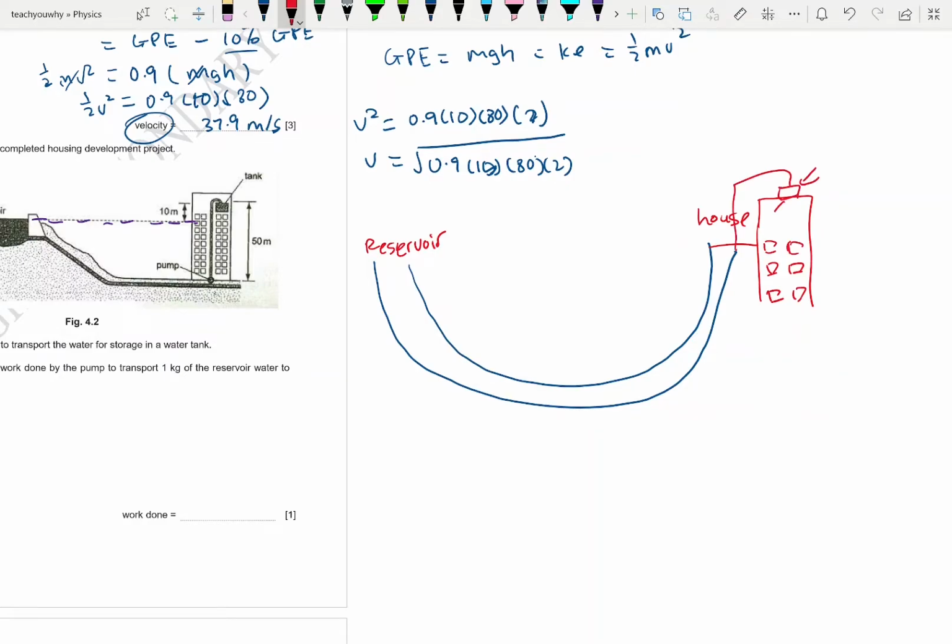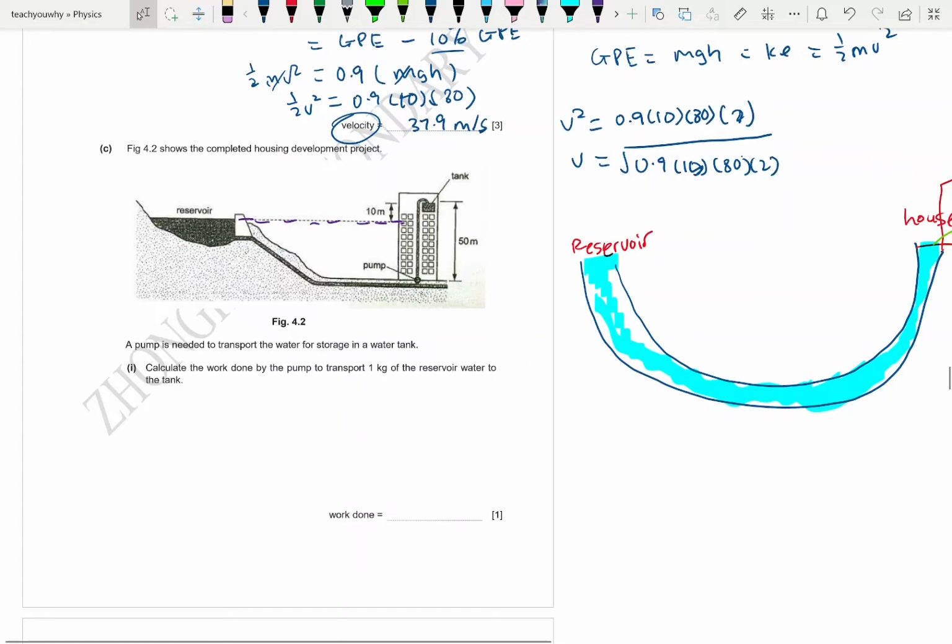You already know that if the water level is here, it will also be here. So what the pump needs to do is to give additional energy just for this 10 meters height of GPE. Therefore, the work done to pump and transport 1 kg of reservoir water to the tank is very simple.